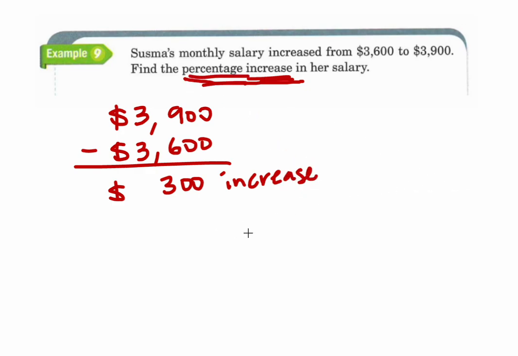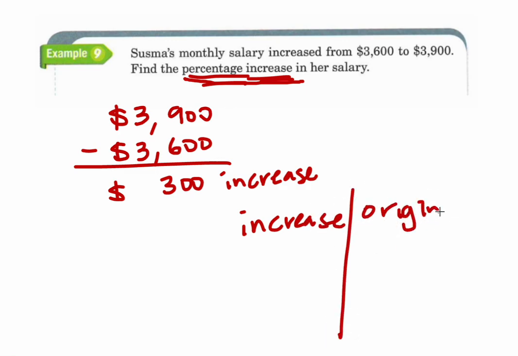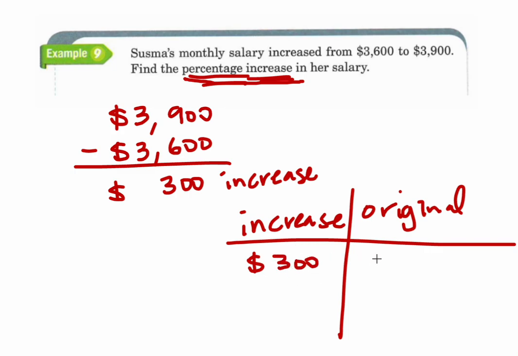Okay? So just like before, we can use a table. We're going to talk about the increase, and we're going to talk about, let's just say, her original salary. So it increased by $300. That's the dollar amount it increased by. Her original salary was $3,600.